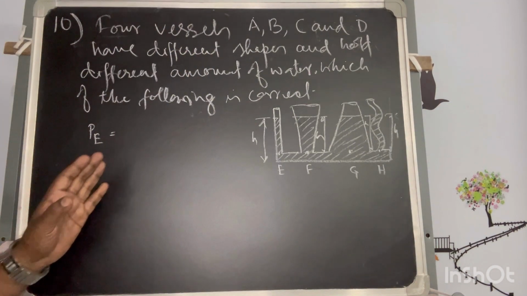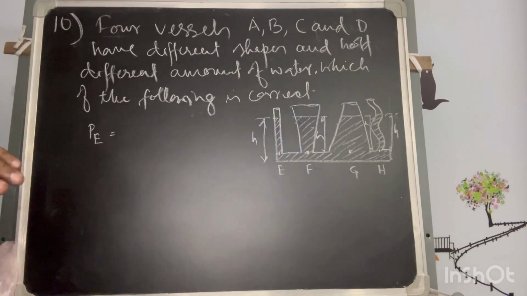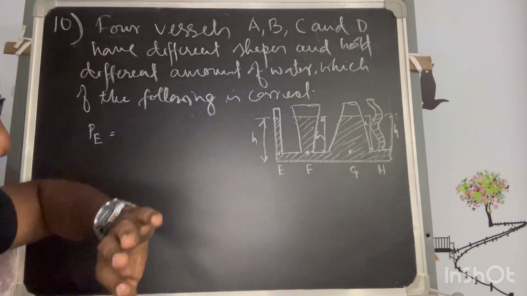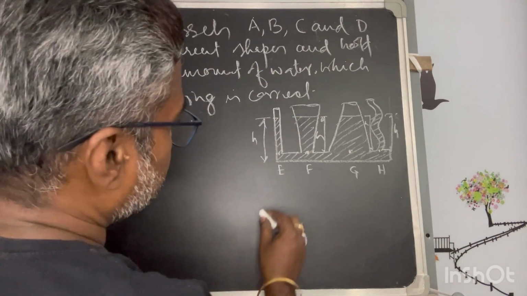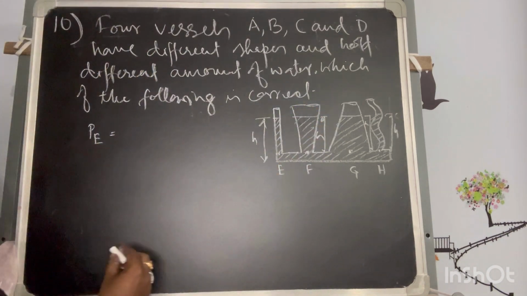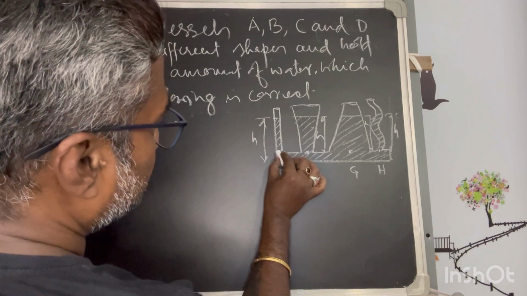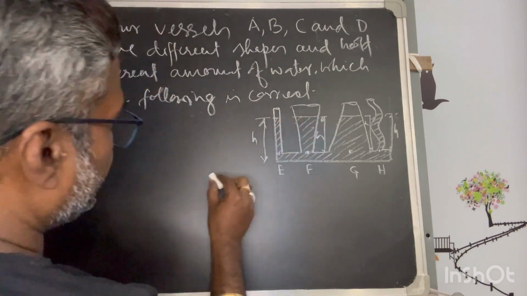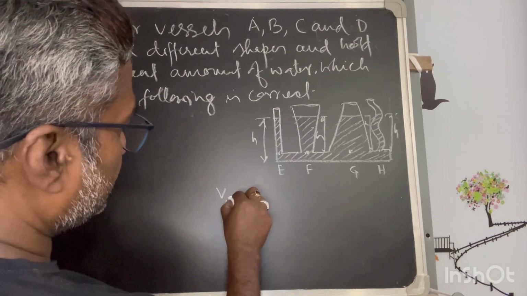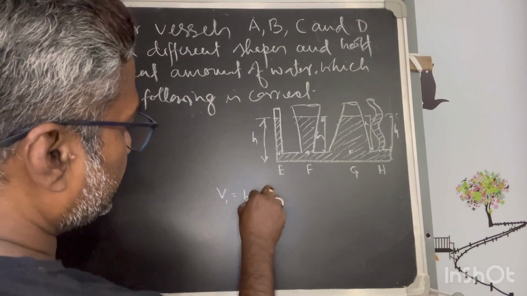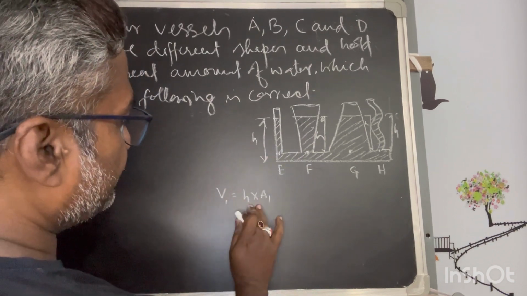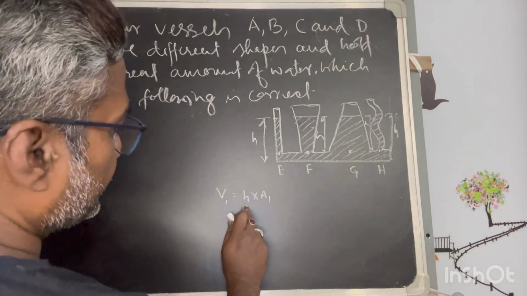Shapes may be different, but as liquid will be poured, they hold different amount of water, means the volume of this is different. But the volume being different doesn't mean that it will carry a different height of water. Volume is different, that will affect the amount of water it contains, but the volume here in the first is equal to h into the cross section area of this first. So volume will be different, but h can be same.